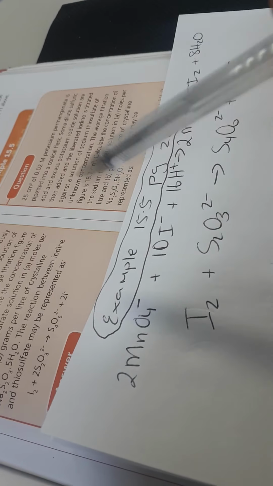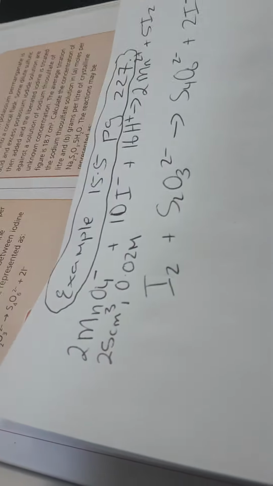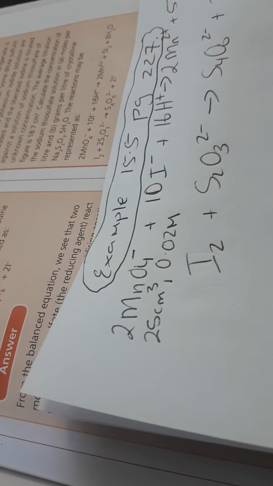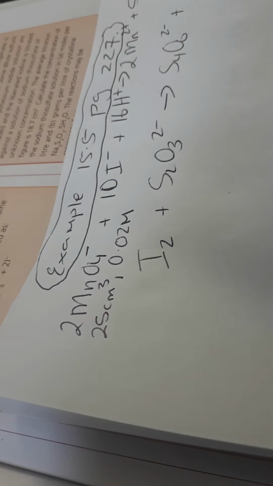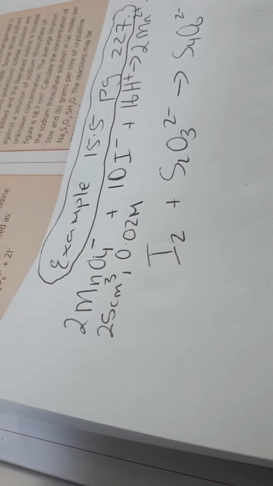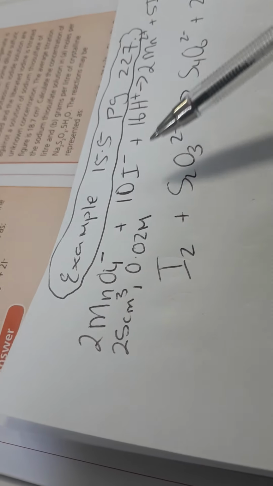Na2S2O3. So, just going to fill in here what I know. 25 centimetres cubed of 0.02 molar potassium permanganate. So these are the two equations that I'm given in the question. And these will always be given to you. And I'm told that I then react that against some sulfuric acid, which is here, and potassium iodide, which is here.